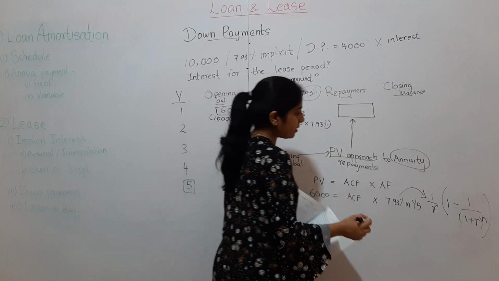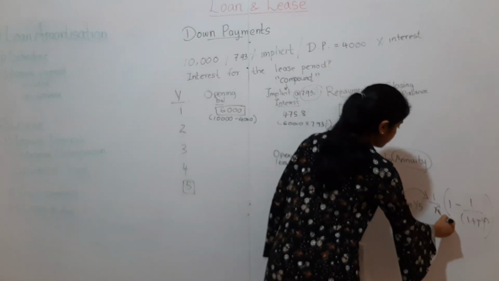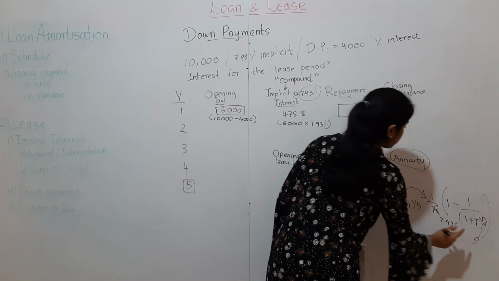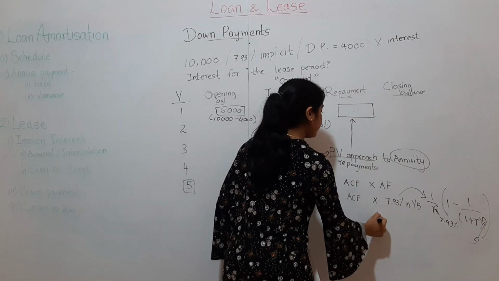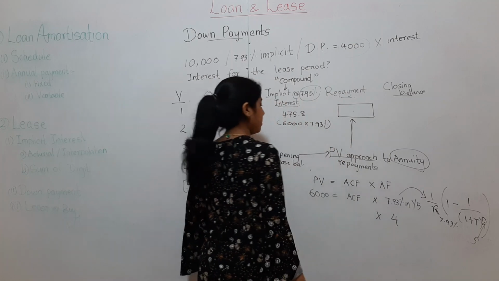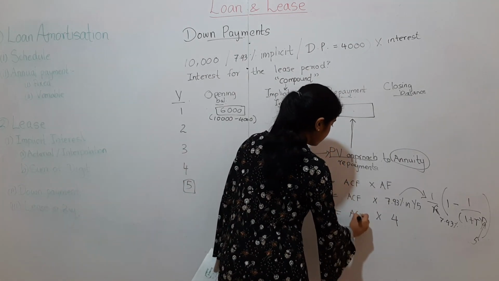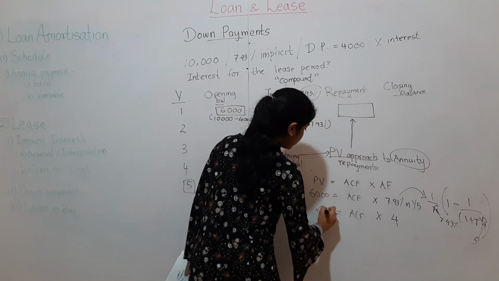Since we found in the previous, this r will be 7.93 and n will be 5, and you have to solve. When you solve, you will get the answer 4. Okay, and you have your annual cash flow and you have 6,000 here.